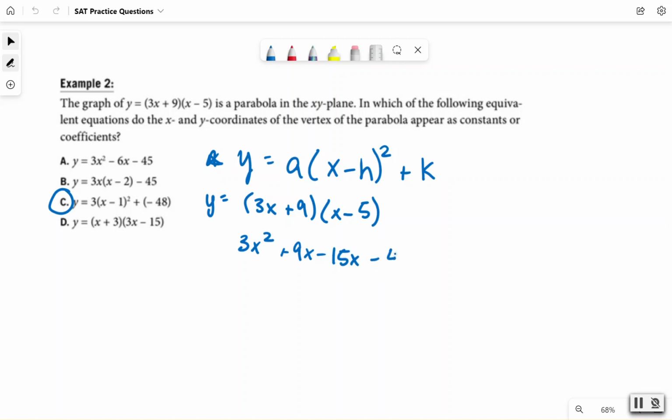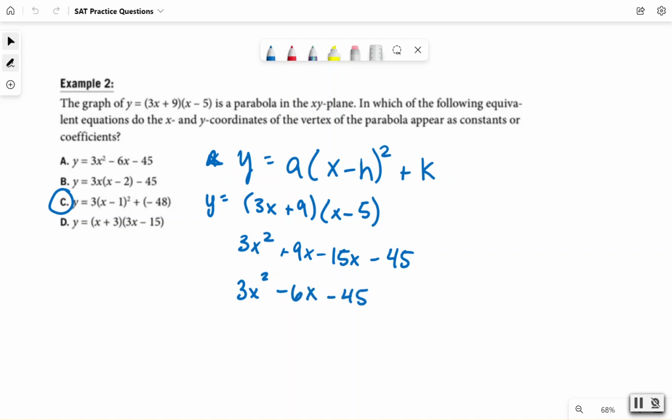Negative 5 times 9 is 45, so we're going to subtract. So that gets us with 3x squared plus 9x minus 15x, which is actually a negative 6x, minus 45.